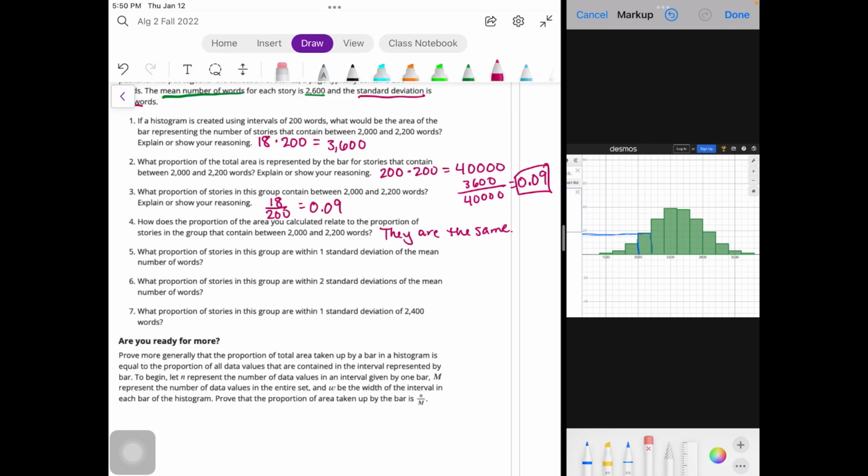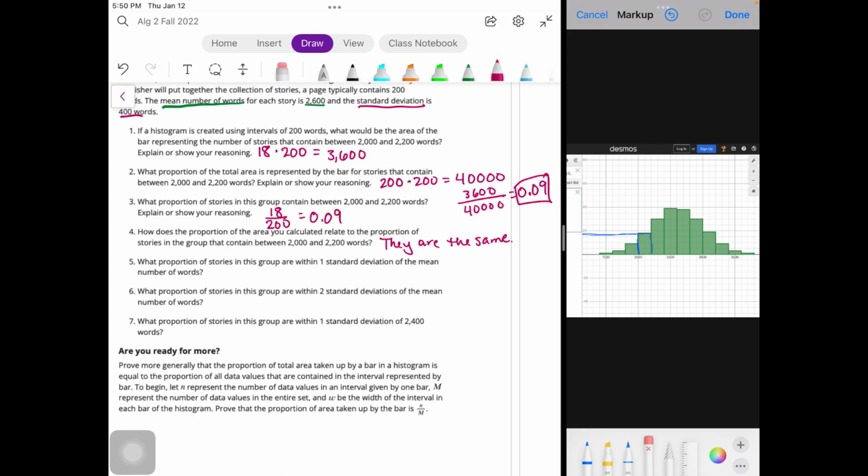All right, what proportion of stories in this group are within 1 standard deviation of the mean number of words? Okay, the mean would be, well, no, they tell us what the mean is. The mean number is 2,600. So the mean value is right here.